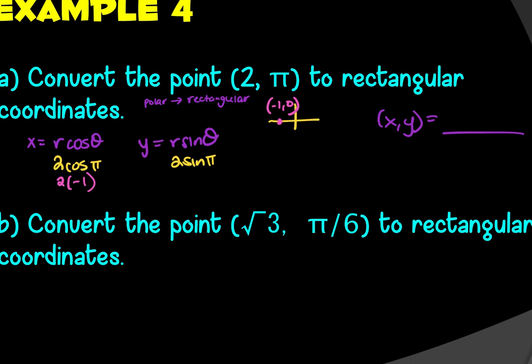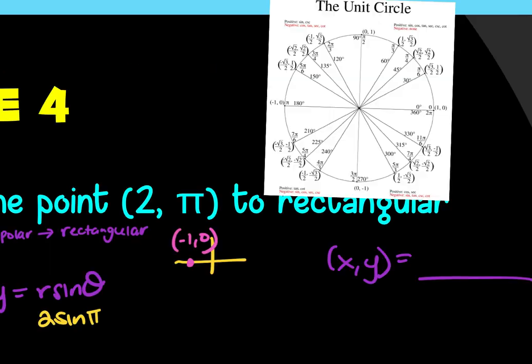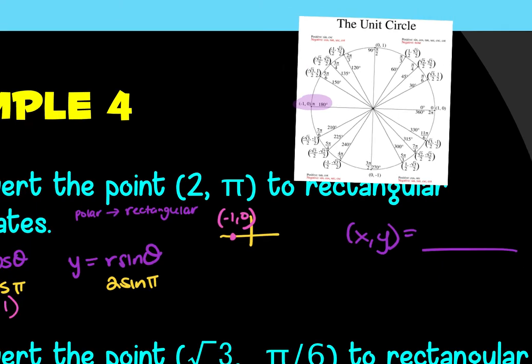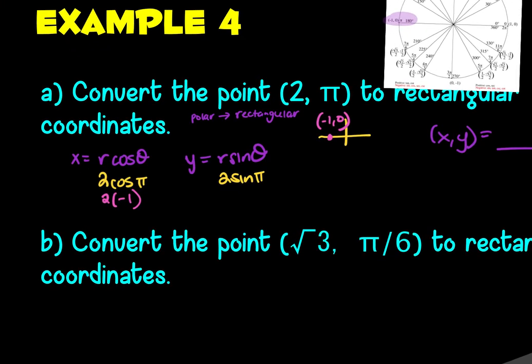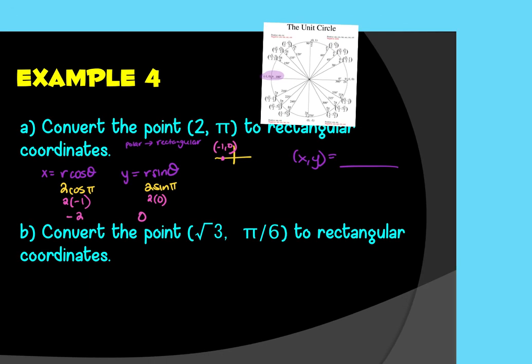Pi's on the left. I'm not lying to you, right? Pi's on the left, right? Evens are on the right. So 0, 2 pi, 4 pi, that would be on the right. Pi is on the left. So the cosine there is -1. So this is -2. And the sine there is what? 0. So this would be 0. So the coordinate point would be -2, 0.